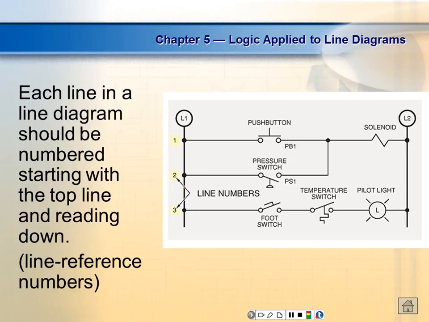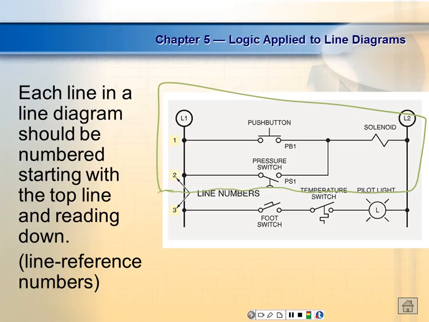PLCs don't know line numbers, they know rung numbers. But what we have to have the ability to do is find things. So instead of saying, okay, everybody look at this diagram, let's look up the fifth rung from the bottom, I can say, okay, everybody look at line number 5. You look on the left-hand side, you find line 5, and you know exactly what I'm talking about.